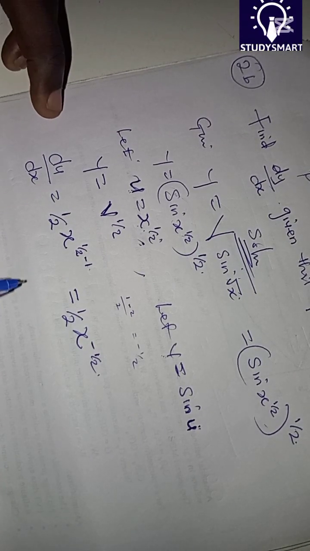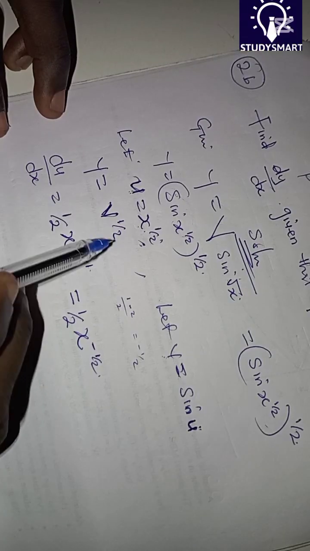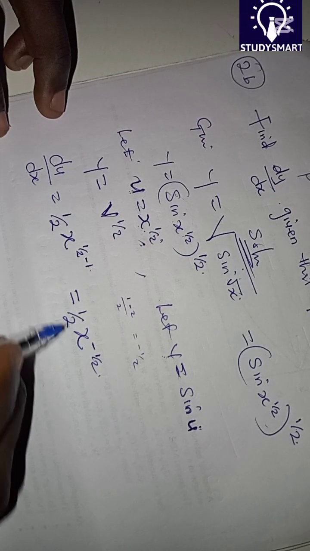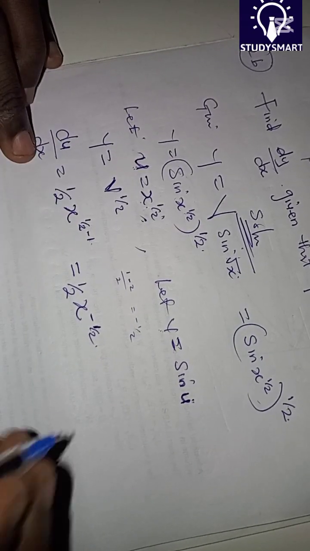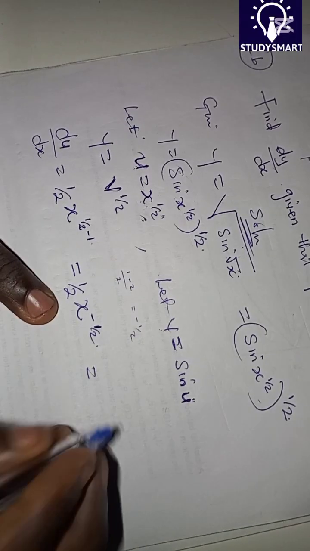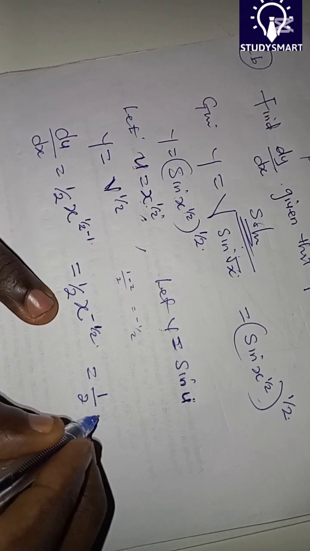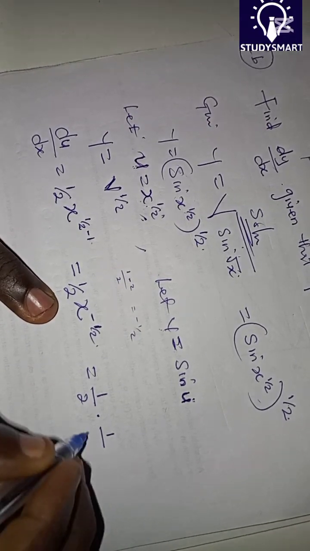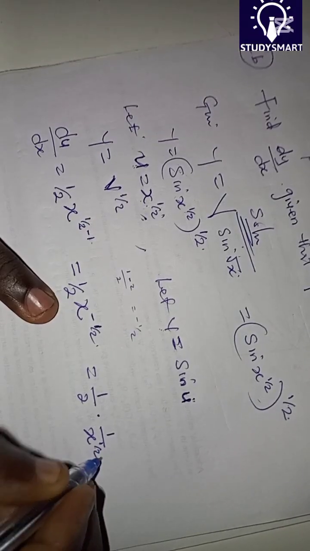So the differential du/dx is 1 over 2 times x to the power minus 1 over 2. Alright, so that is du/dx. This can also be written as 1 over 2 times 1 over x raised to the power 1 over 2.